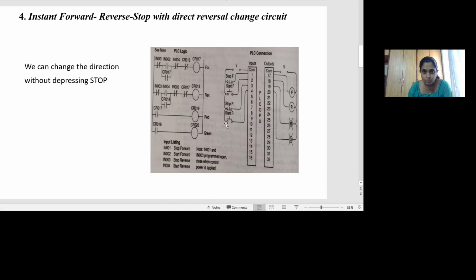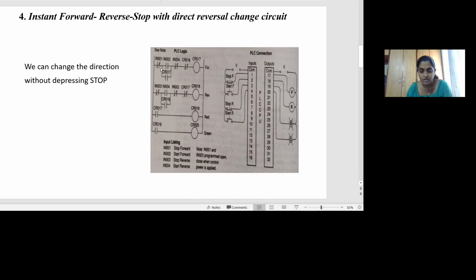Now let's move on to the ladder diagram. Here we have the IN002 contact. It is taken as a normally open contact, and it is used to start motion in the forward direction.